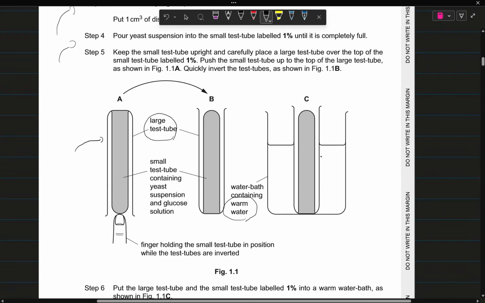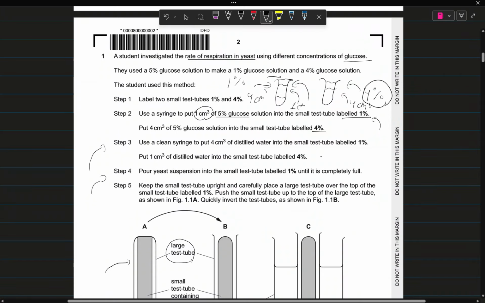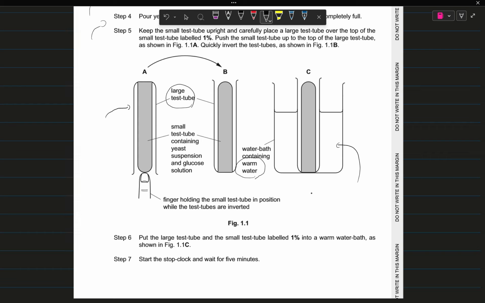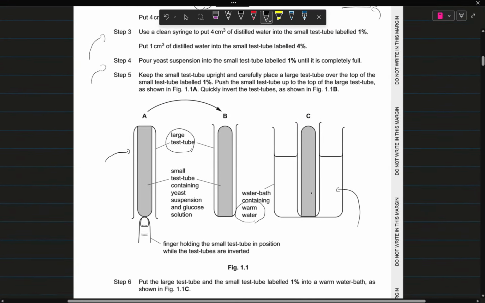This is of course to ensure that temperature has no effect on the experiment, because after all, we are testing the different concentrations of glucose. So if the temperature did vary, then this may affect the experiment as well as the results. So we don't want that. We want to make sure that any result we get is only because of the concentration.